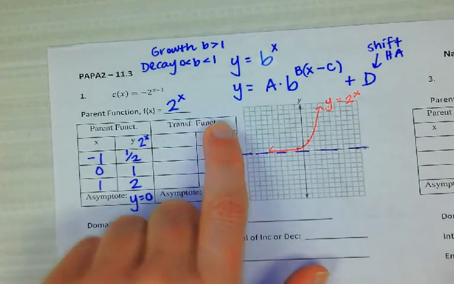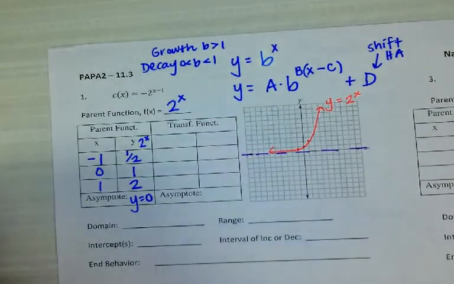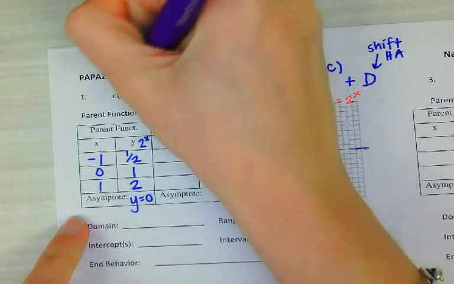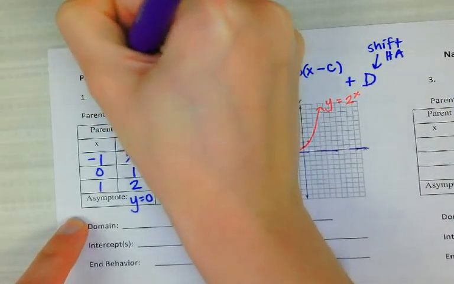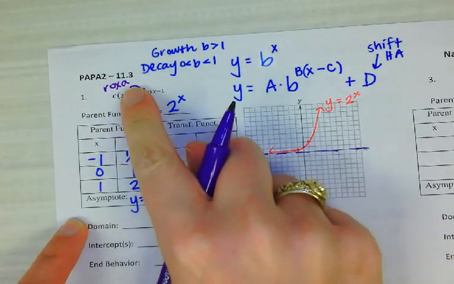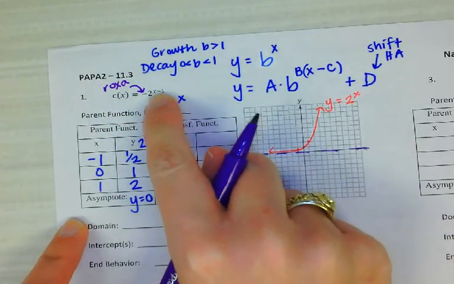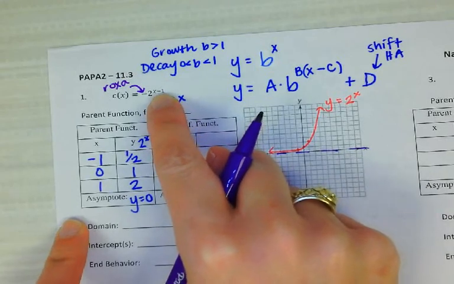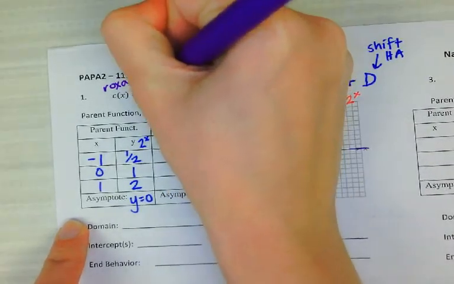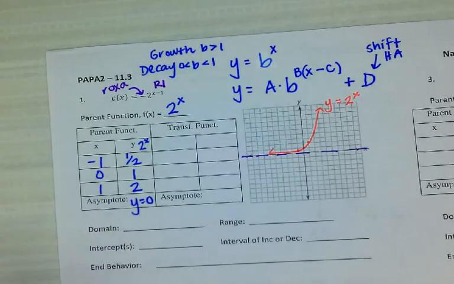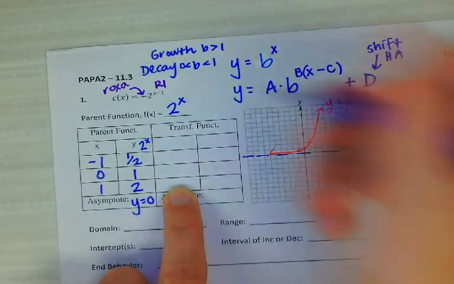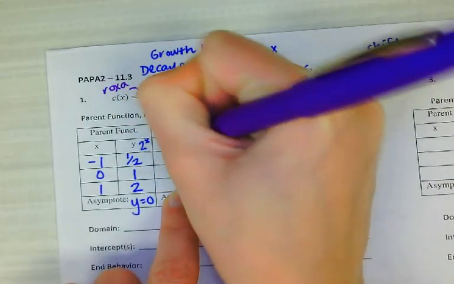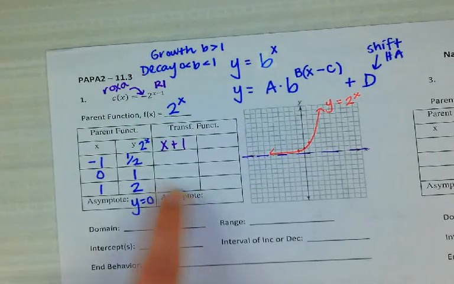Okay, so now for our transformed, let's look and see. I have a negative in front of my equation, and so that's going to be a vertical reflection, reflect over the x-axis. I also have a shift, but since it is with the exponent x minus 1, I'm going to be shifting the graph to the right by 1. To move all my x's right 1, I'm going to have to add 1 to them.